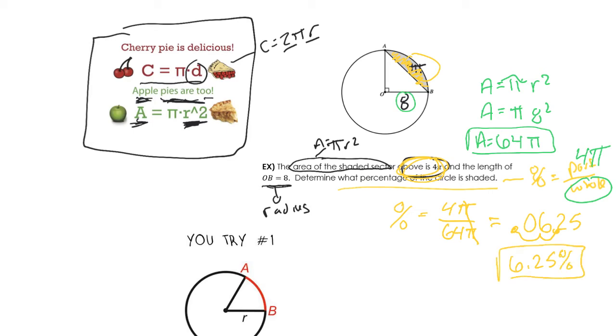And then I just want to make sure that makes sense, looking at this yellow piece that's shaded in here in my circle, that's a very small part of the circle that's shaded in. So it makes sense that it's about 6%. It shouldn't be a big number, especially because it's not really shaded in. If it was shaded in like from here to here, then I'd say, oh, that's 50% shaded in. It should be half when I get my answer. All right, so we're going to try that. You try at the bottom.